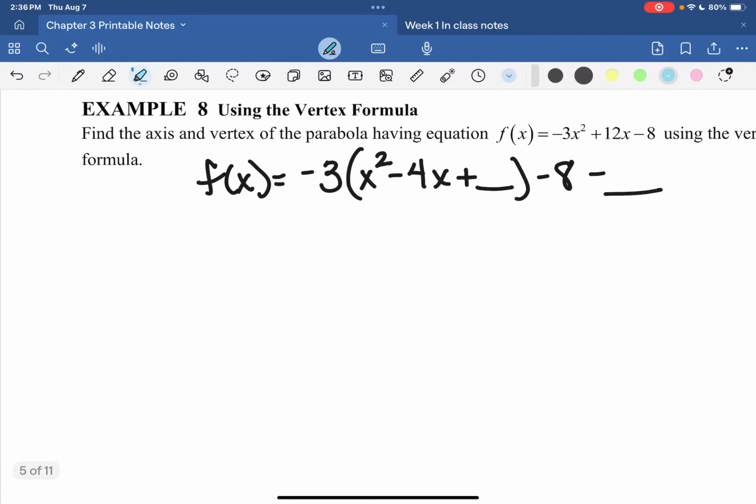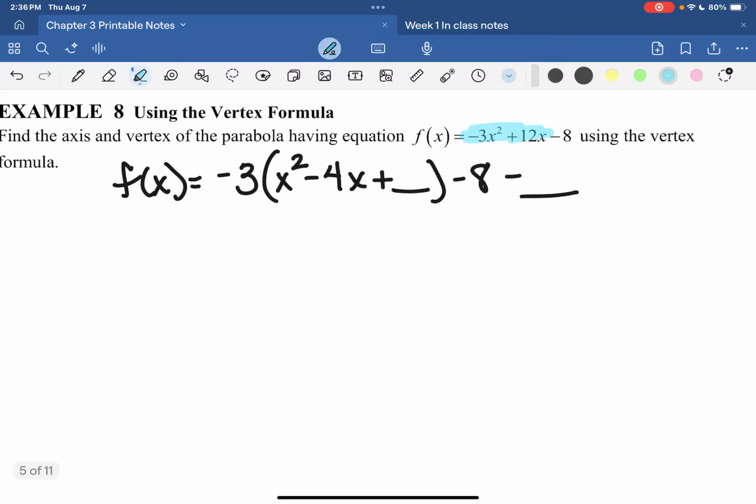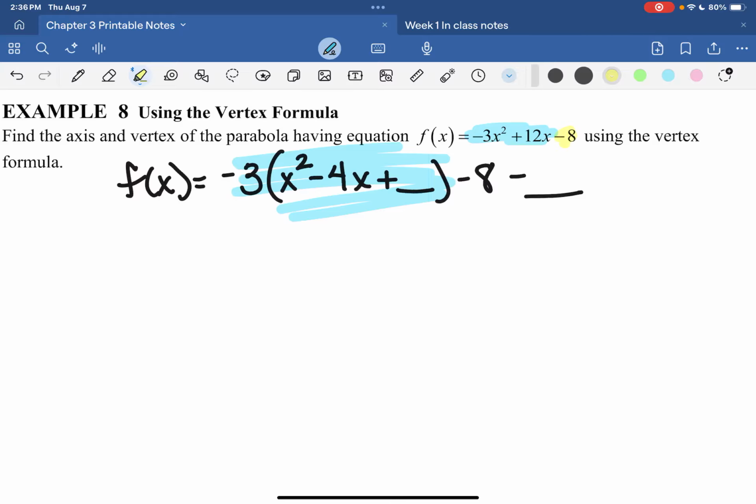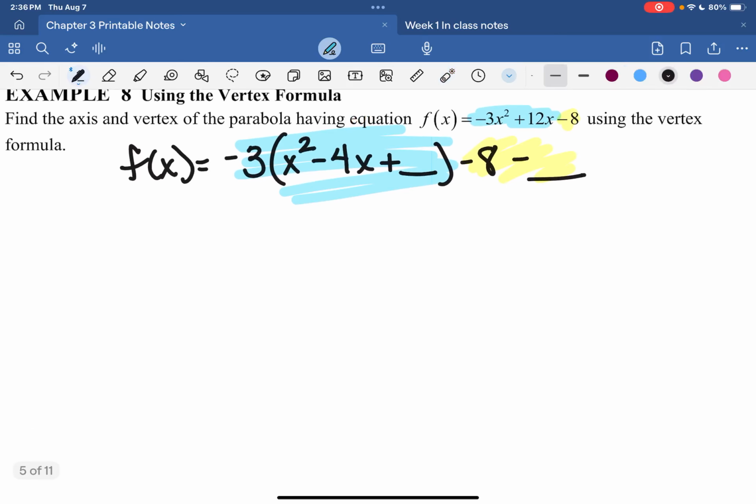So we've got this, and then we have the minus 8, that piece. Okay, so I want to know half of 4 is 2, squared is 4.